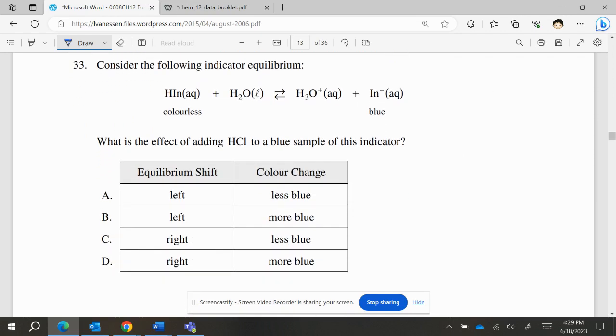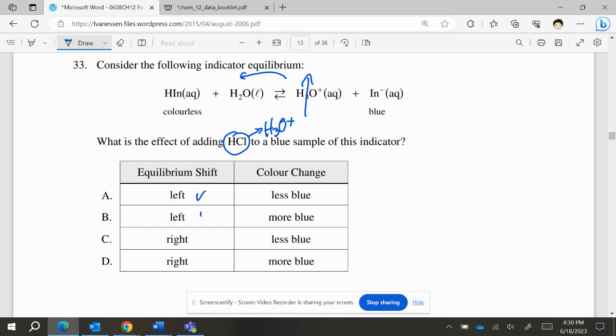Consider the following indicator equilibrium: HIn, which is colorless, makes In-, which is blue. What is the effect of adding some acid, HCl, to a blue sample of this indicator? If you add acid, and this acid is just pure H3O+ because it 100% ionizes, it'll increase this and shift the equilibrium to the left.